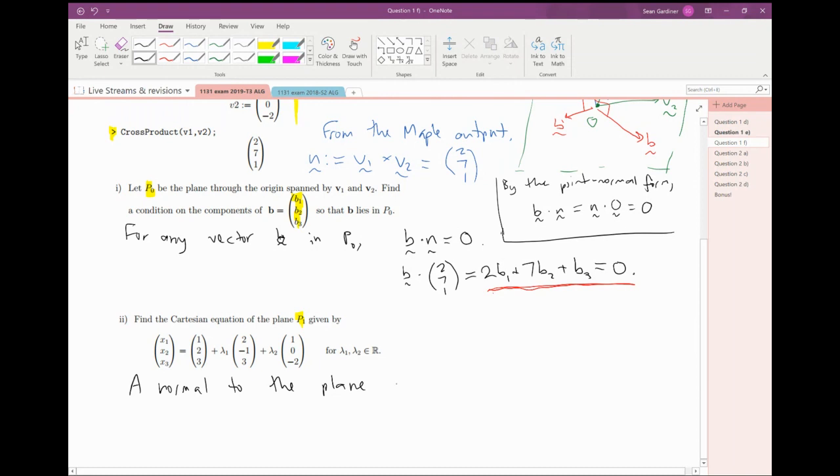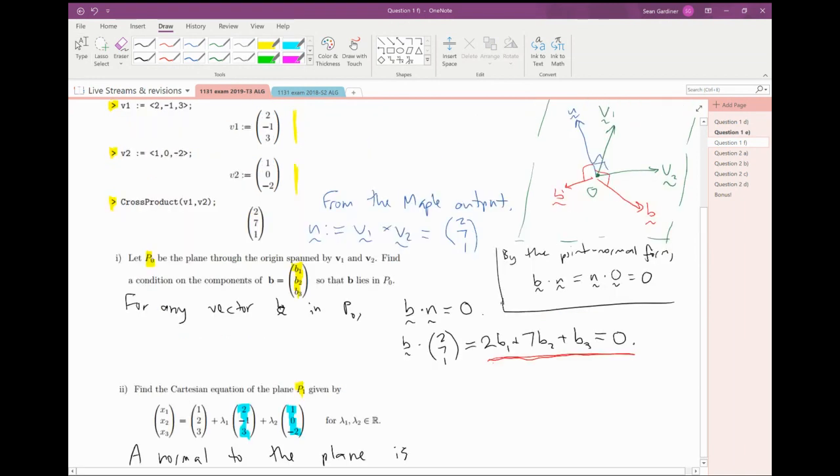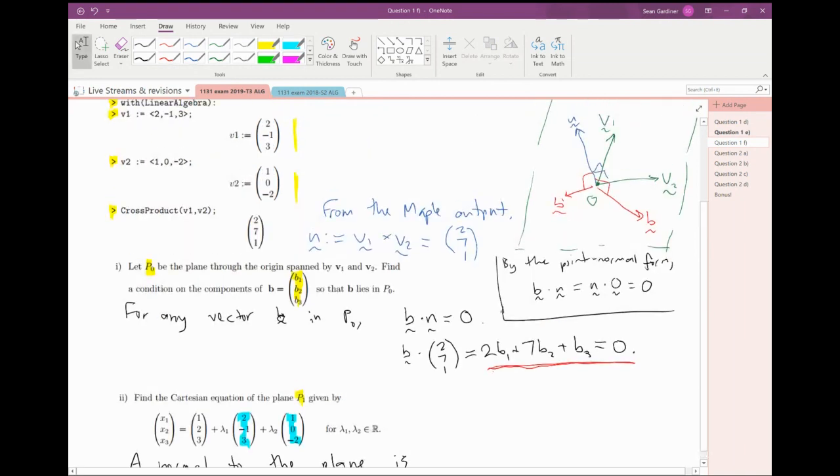Well, I would take the cross product of the two vectors that are multiplied by the parameters. These should be very familiar to you because they were exactly what V1 and V2 were defined to be at the top of the problem. So I notice that this vector here is just V1 and this vector here is just V2.